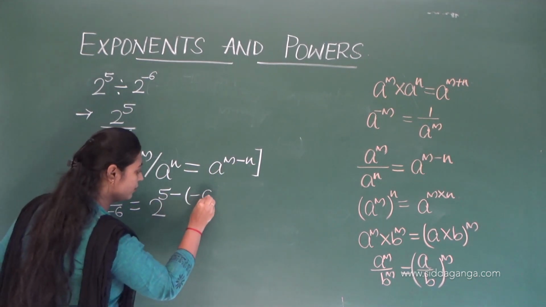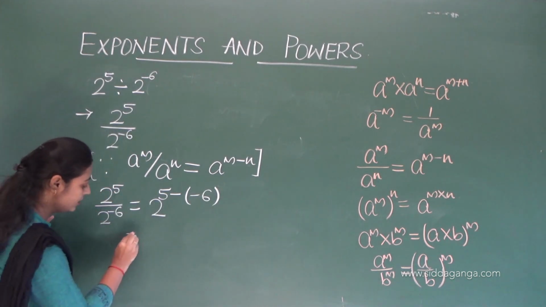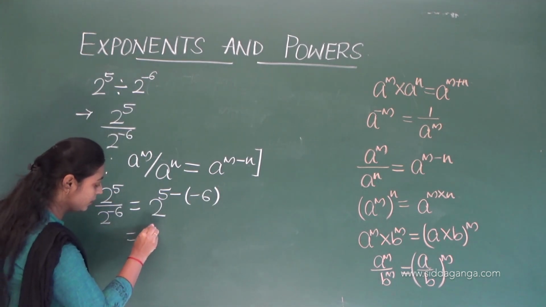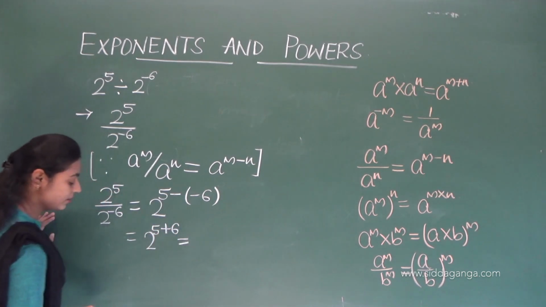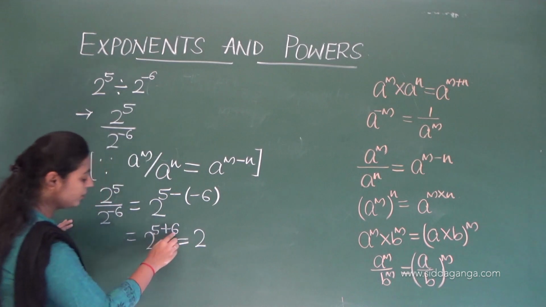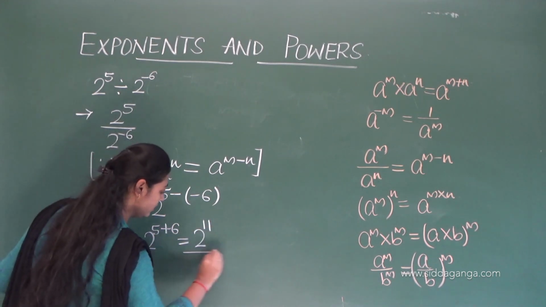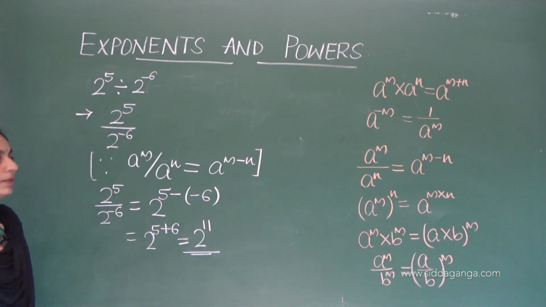So 5 minus of -6, that is 2 to the power of 5 minus into minus plus 6, which is 2 to the power of 5 plus 6, that is 11. 2 raised to the power 11.